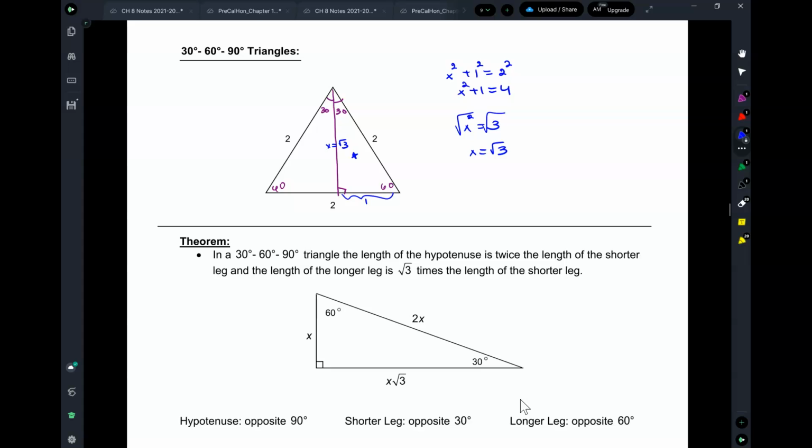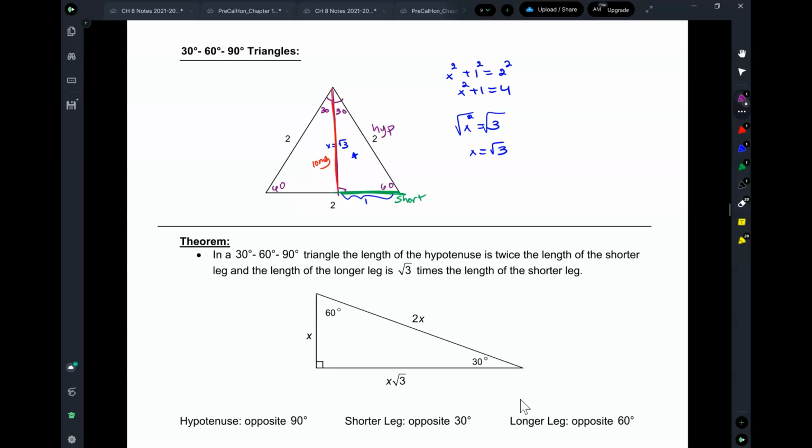Which is, I have a short leg, there is a longer leg, and there's a hypotenuse. Okay, whatever the short leg is, the longer leg is that times root 3.